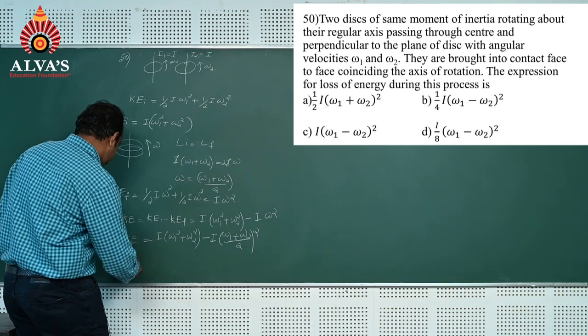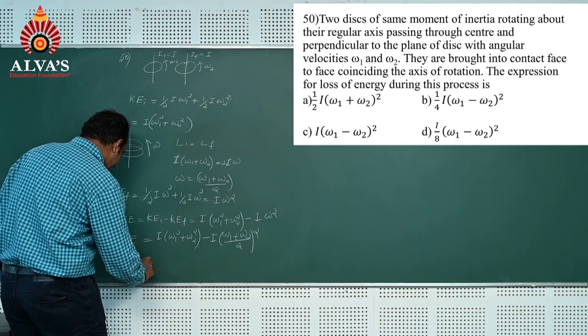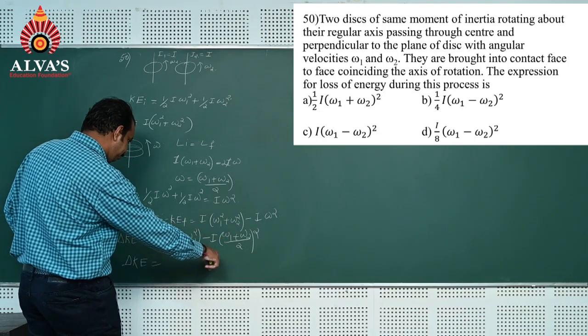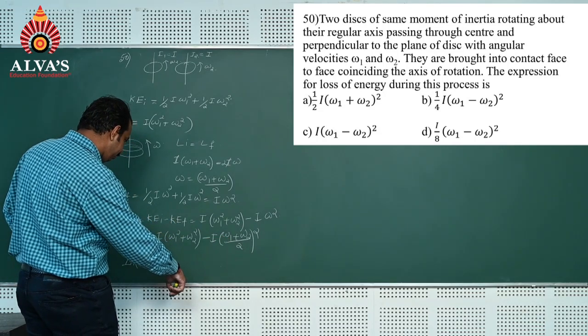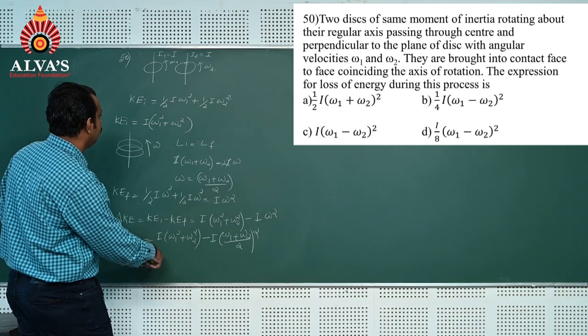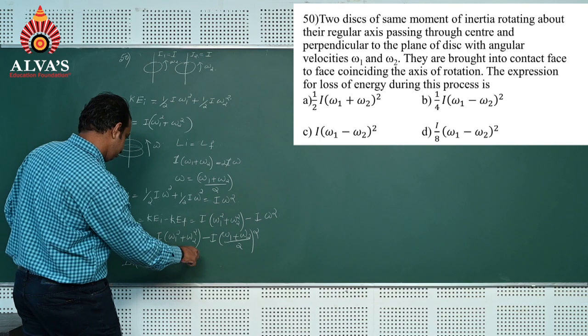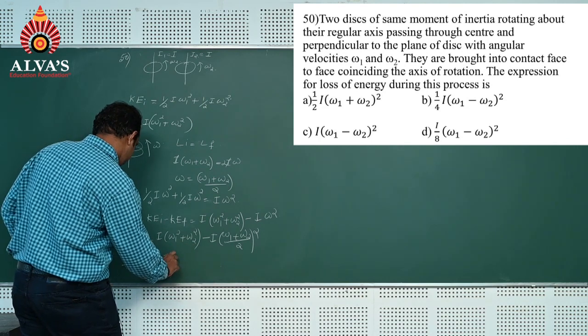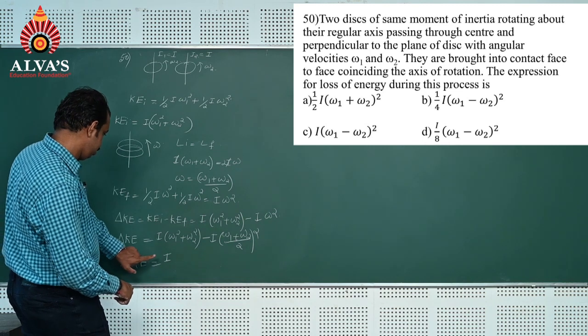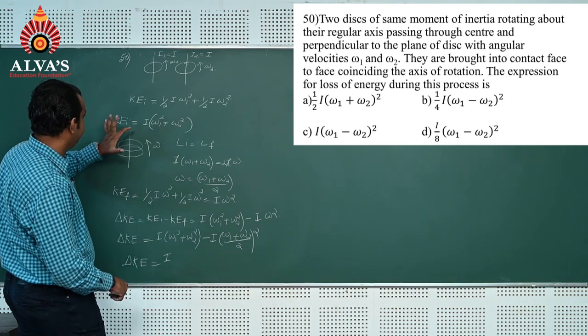Now loss of kinetic energy delta KE is equal to, so this is 1 by 4 kinetic energy initial.